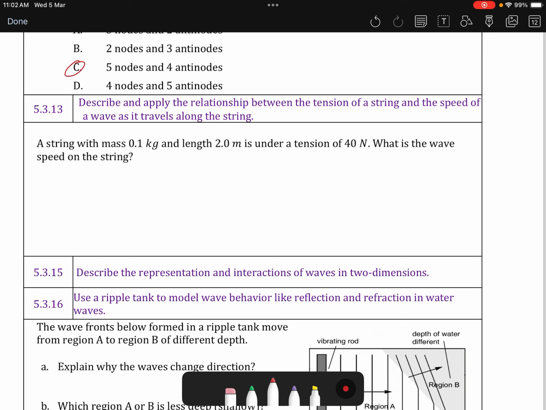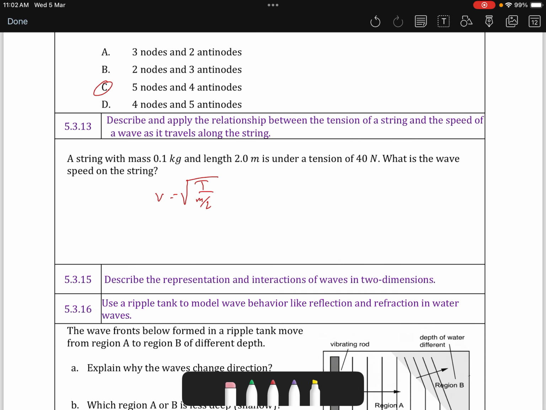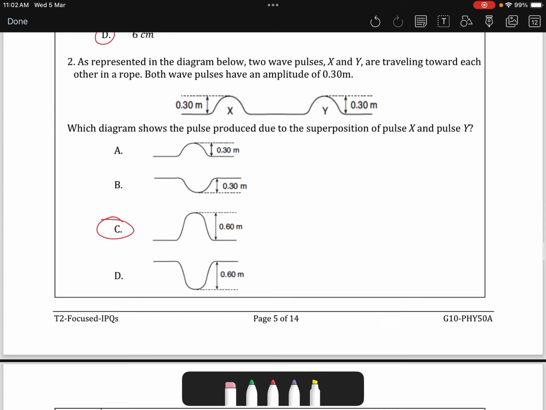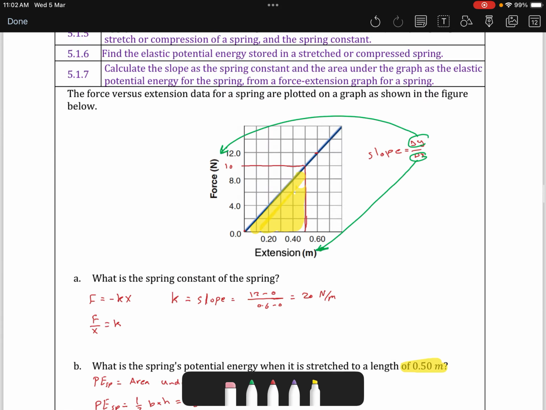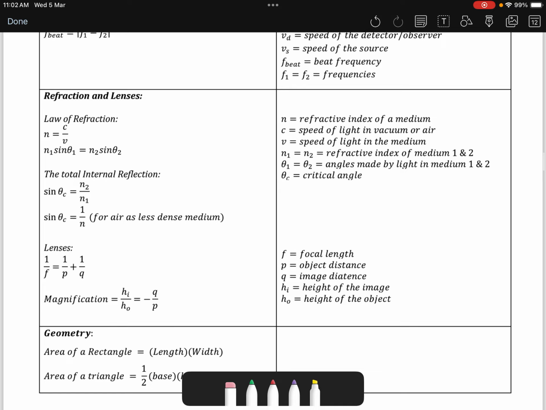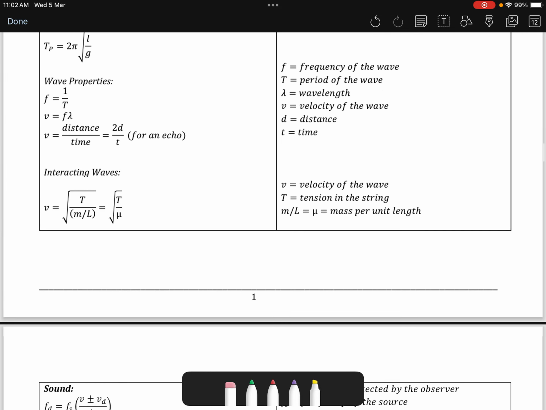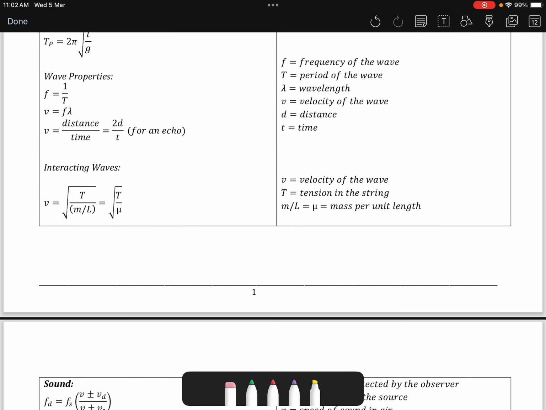Actually, wave speed equals the square root of T over M over L. Let's look at the formula sheet and find it. This is the velocity. Clear? It's here. V equals the square root of T over M over L.